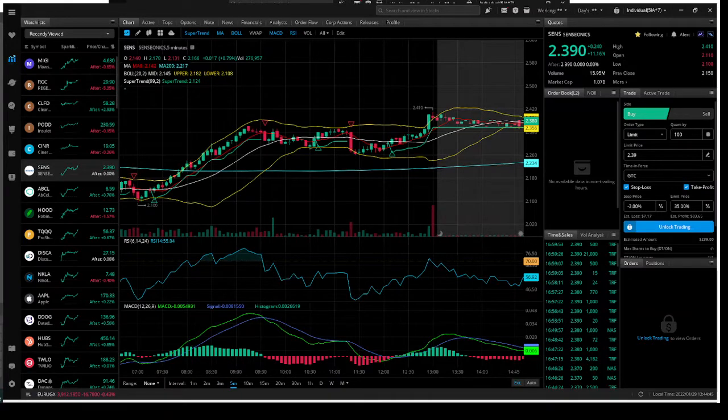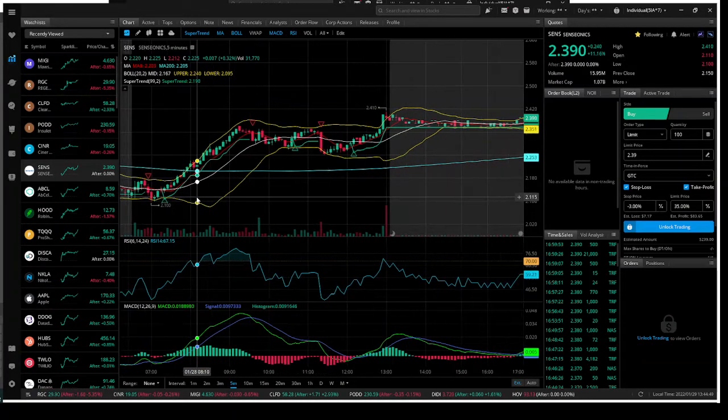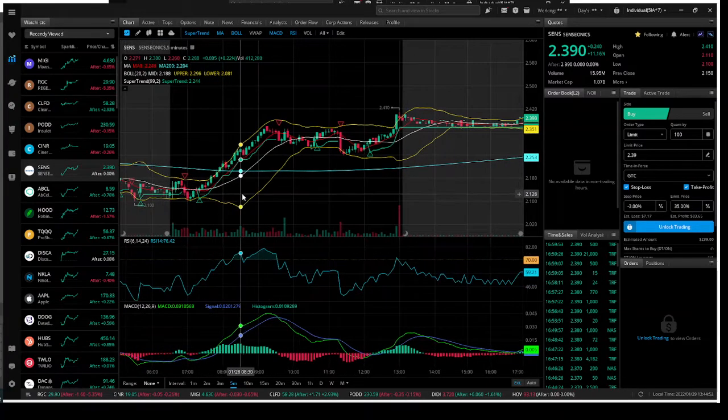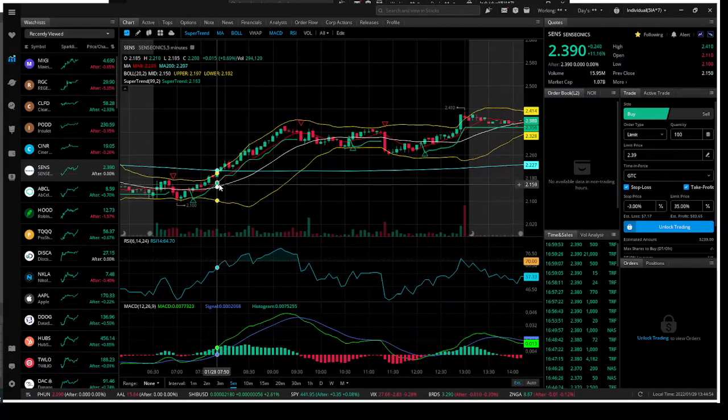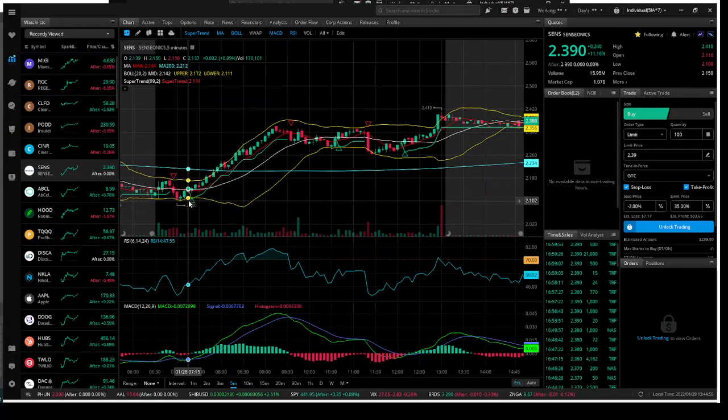For today, see what you can do with this and see how you can maximize your stop loss. Once again, if I was to trade this particular chart, I would wait for the confirmation from the Bollinger Band and from the Supertrend, mostly from the Supertrend.